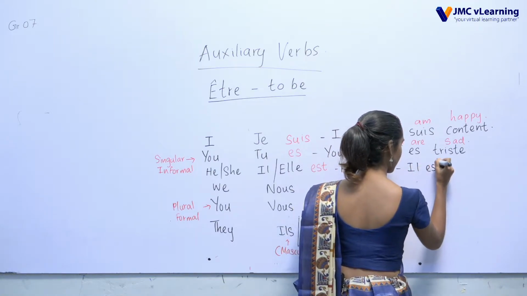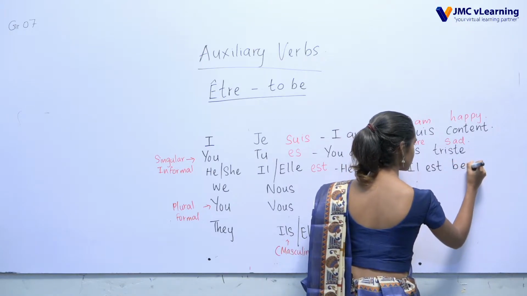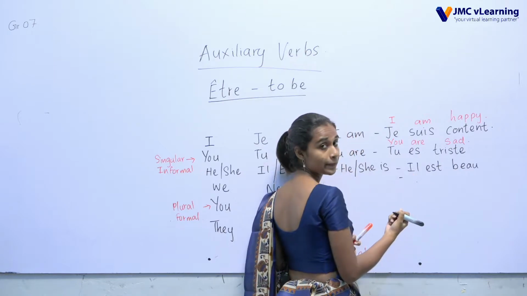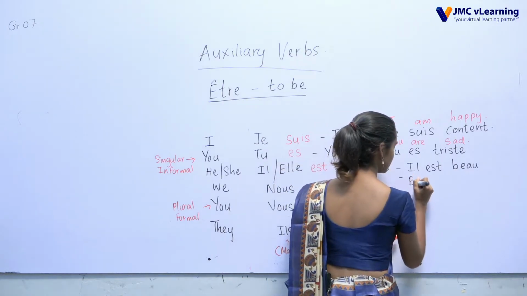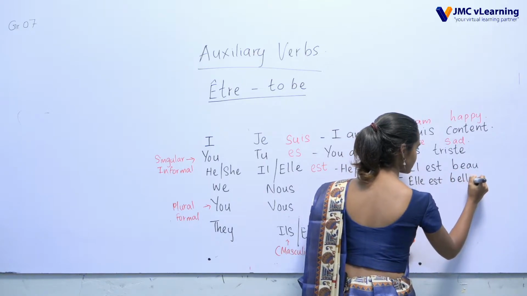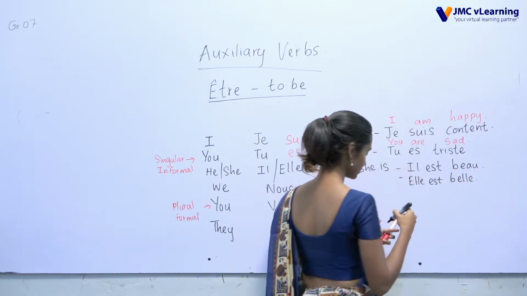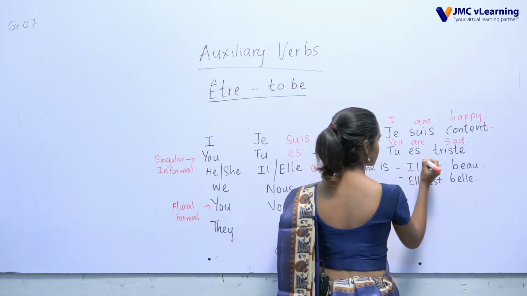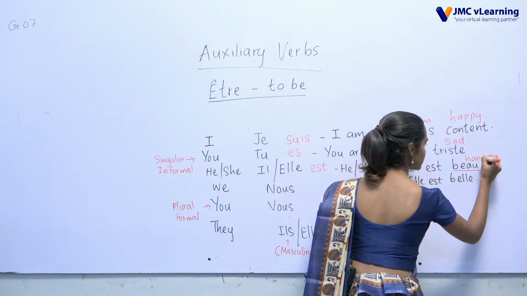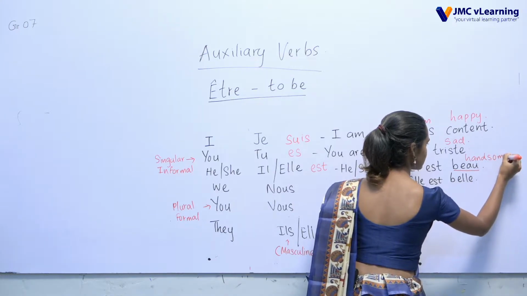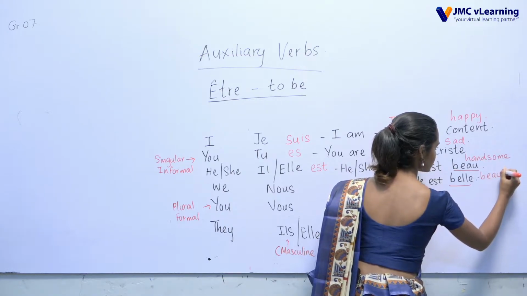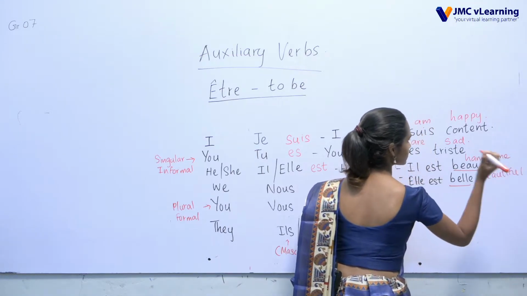Il est beau. And she is beautiful. Elle est belle. Okay. So here beau means handsome. Belle means beautiful. Okay.